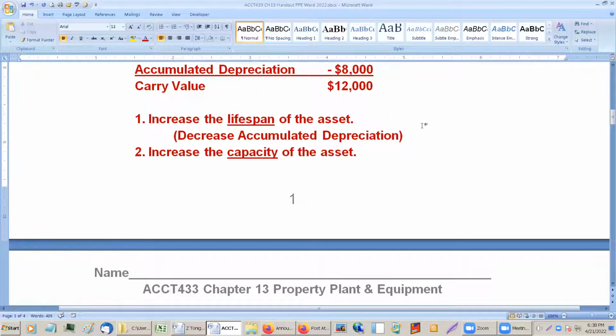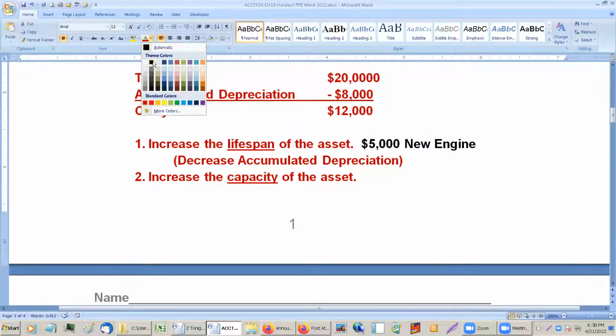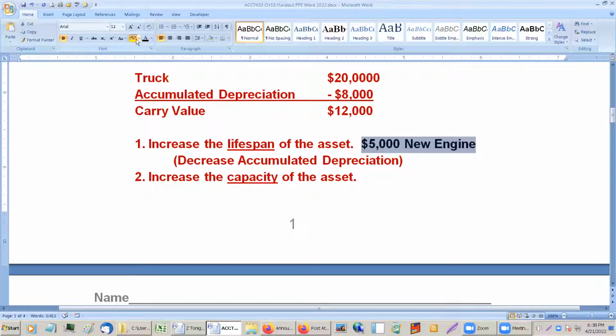If we increase the lifespan at a cost of, I don't know, some number, $5,000, so we put a new engine in, it would look like this.